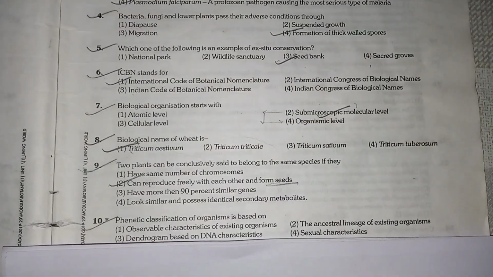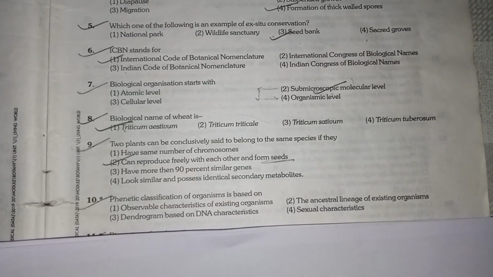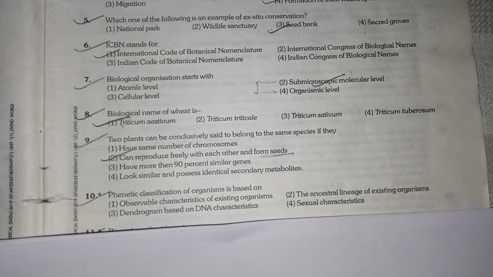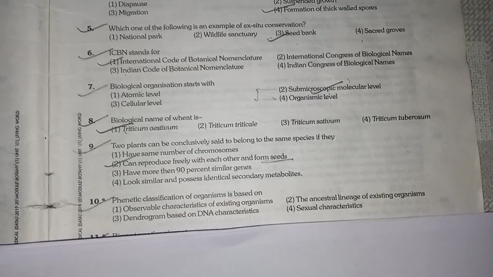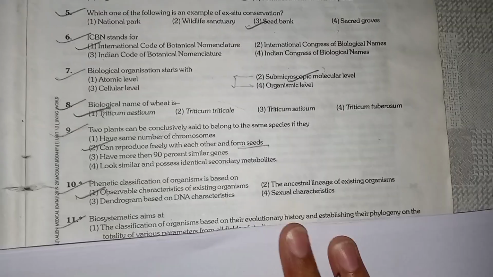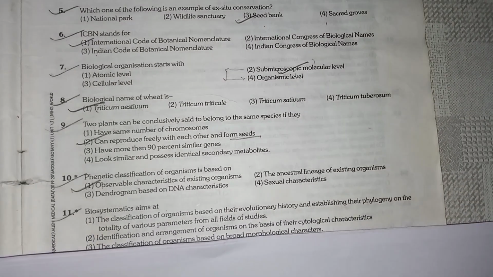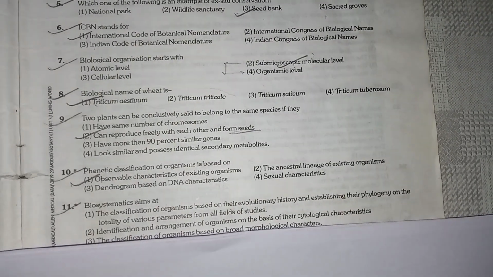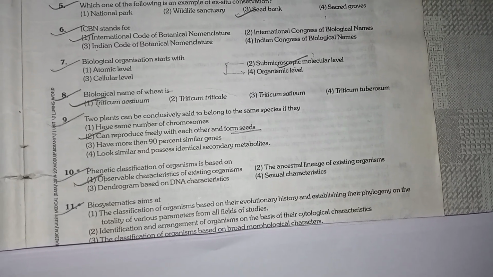10th, phenetic classification of organisms is based on observable characteristics of existing organism, dendrogram based on DNA characteristics, the ancestral lineage of existing organism, and sexual characteristics. And the correct option is first option. 11th, biosystematics aims at the classification of organisms based on their evolutionary history and establishing their phylogeny on the totality of various parameters from all fields of studies.